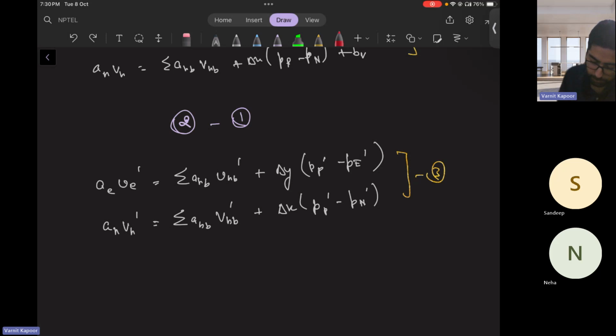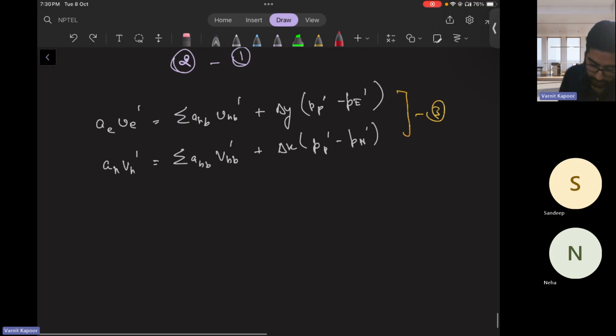We assume that the contribution of the neighboring corrected velocities, in the calculation of the corrected velocity at E and N, will be 0. Okay, this is our assumption. SIMPLE makes an approximation.